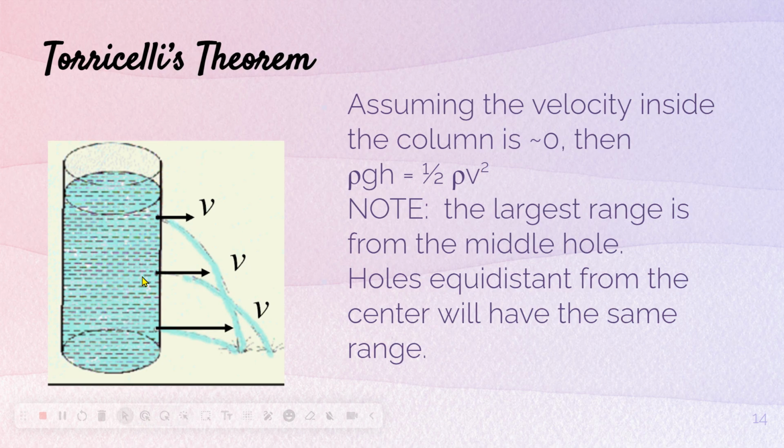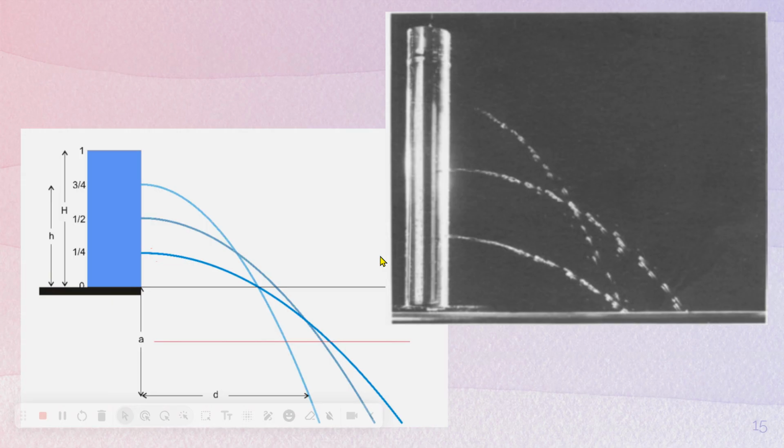Because if you look at this hole down here, yeah, it's coming out the fastest, but it has very little time before it hits the ground. This one's coming out the slowest, but it has a whole lot of time to drop, whereas this one kind of splits the difference. So this one has a medium speed and a medium amount of time before it hits the ground, so it actually goes the farthest.